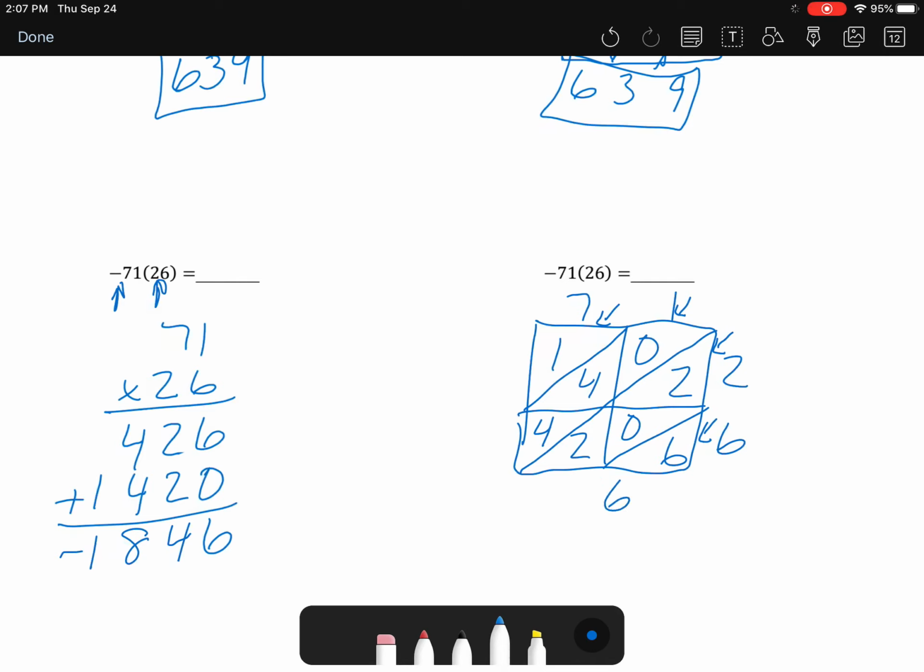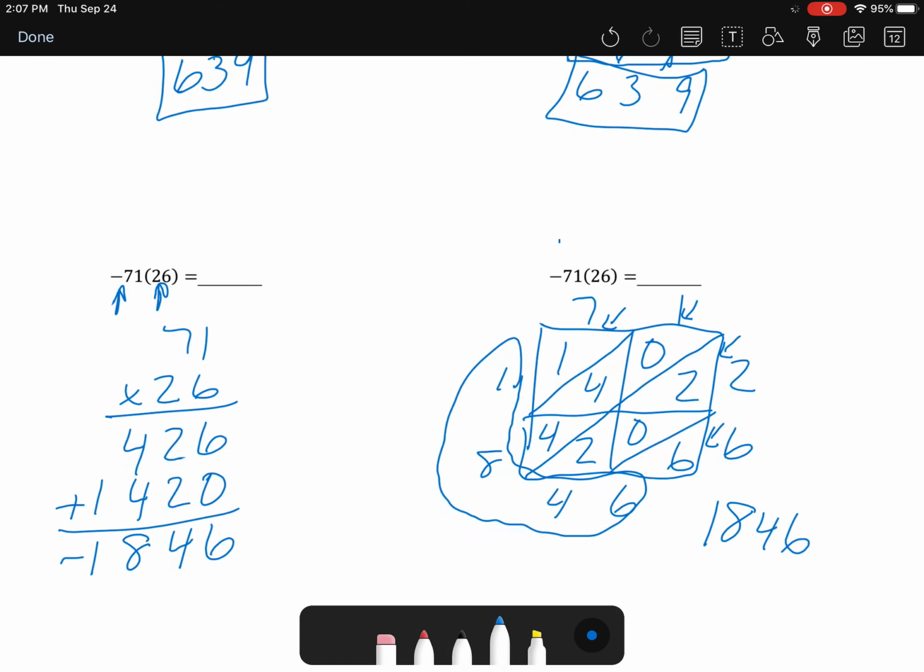I have 6. 2 plus 0 plus 2 is 4. 0 plus 4 plus 4 is 8. And then I just have my 1 there. So looking at all these numbers, I have 1, 8, 4, 6. Looking back at my original problem, I have 1 negative, 1 positive, negative 1,846.